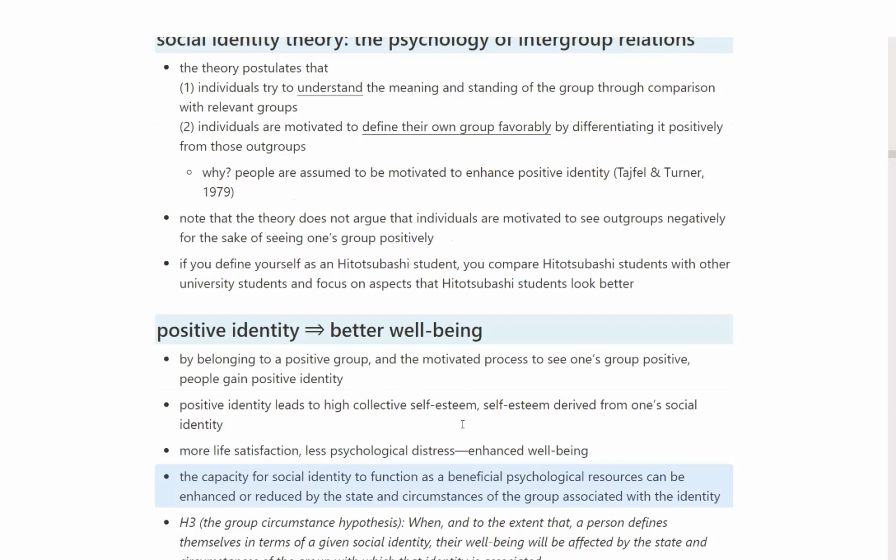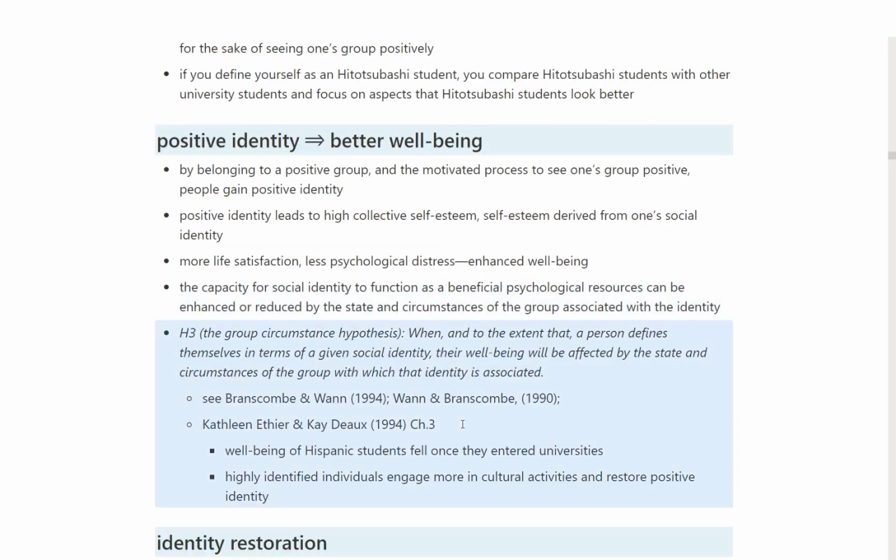So as I just said, when the Japanese team or a Japanese player wins an Olympic game, you feel great about yourself. But when a Japanese player loses the game, then you would feel poor about yourself. So this analysis can be formed as the following hypothesis.